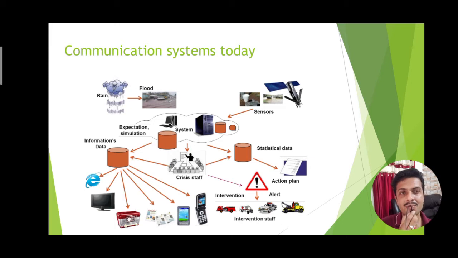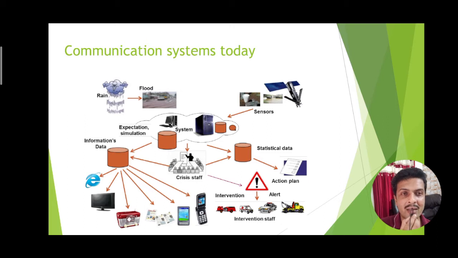Now as we have the computer and internet system, the simulation system collects all this data from the satellite. They are spreading this information to the internet where it is connected to computers, televisions, transistors, newspapers, mobile phones, laptops, etc. The data is collected by the crisis staff as well, who are involved in several types of meetings where it is decided how to get relief.